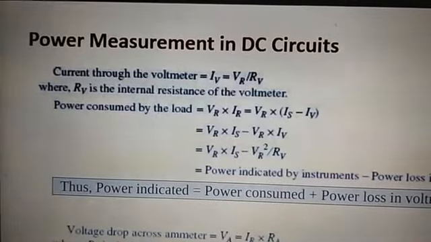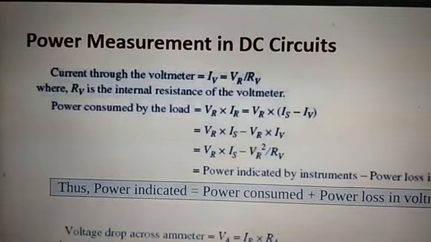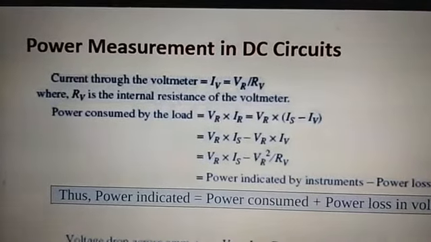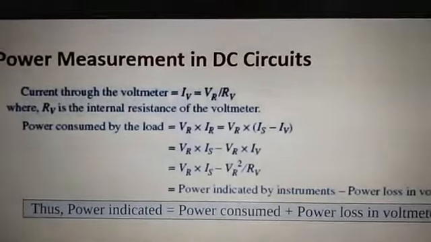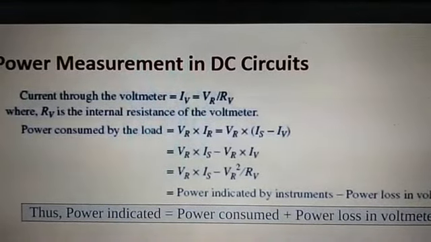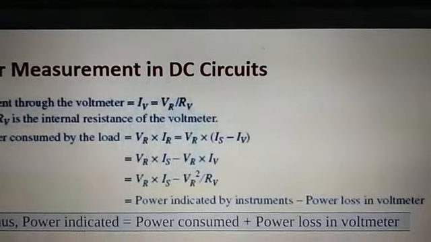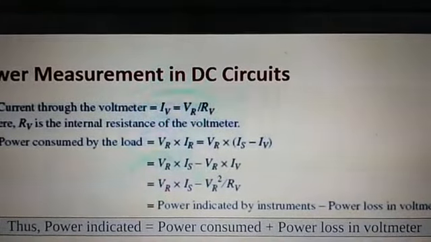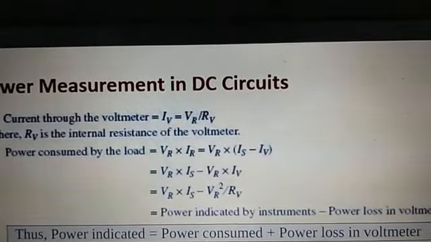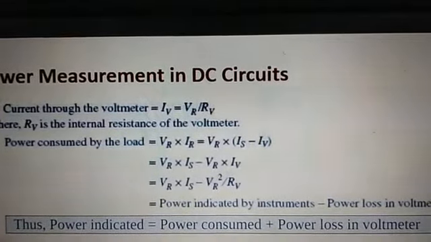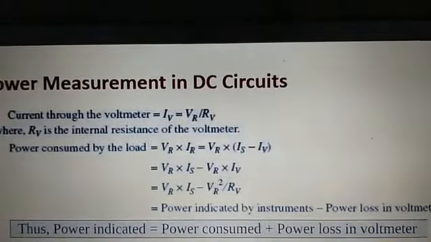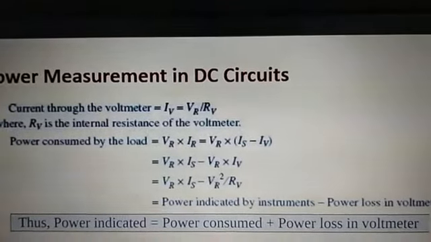So VR into Is minus VR square by RV, if you put IV is equal to VR by RV. So it indicates that VR into Is is the power indicated by the instruments, while VR square by RV is the power loss in the voltmeter. So for the first case, the power indicated is equal to the power consumed plus the power loss in the voltmeter. So we must take care of the power losses in the voltmeter in the first arrangement.